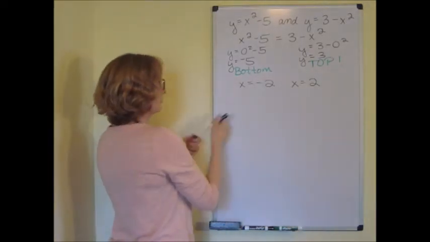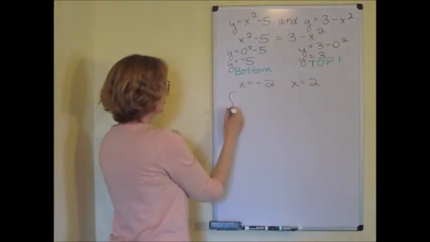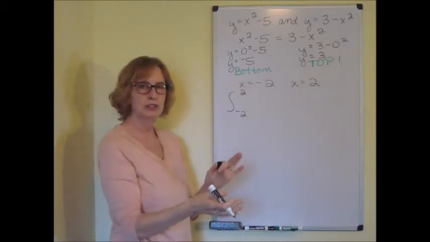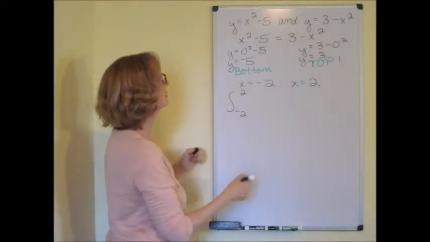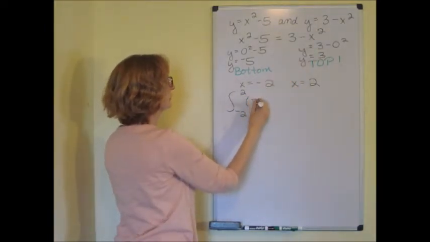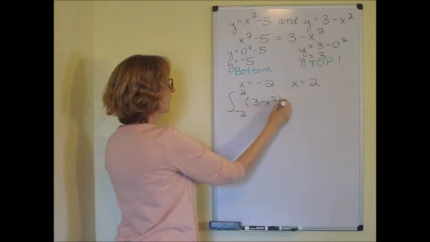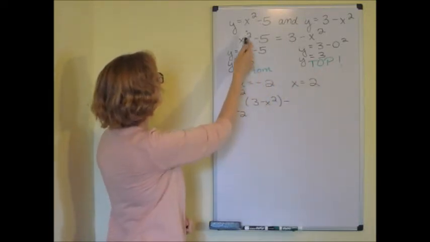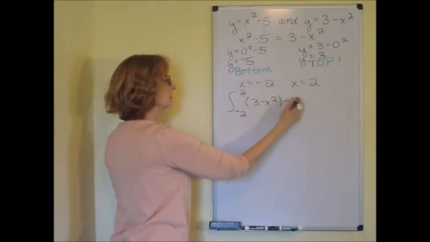My x values are from negative 2 to 2. You're going to take the top equation minus the bottom equation. The top equation is 3 minus x squared minus the bottom equation, and the bottom equation was x squared minus 5.